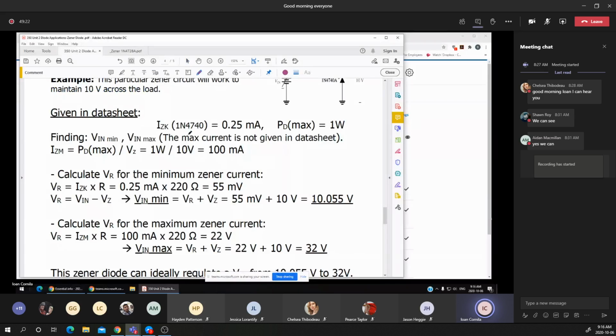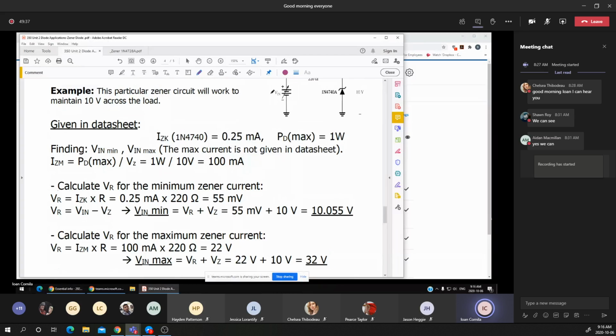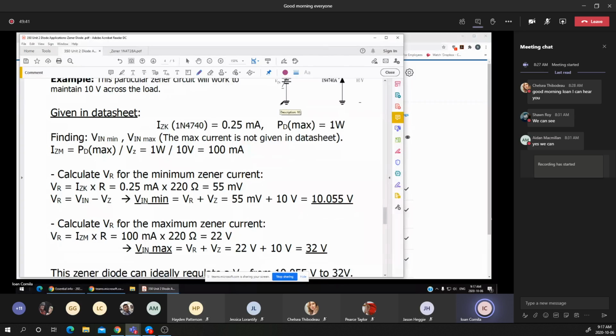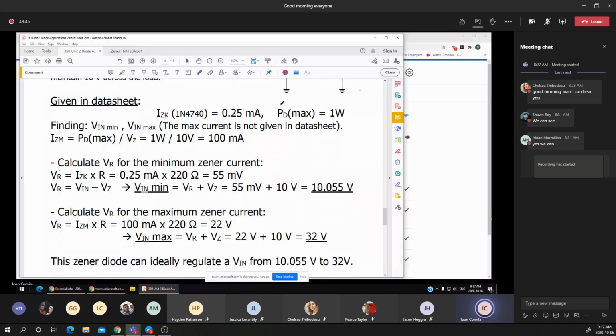I took the 4740, for example. I said that the IZK, for example, is 0.25 milliamps. The PD max is 1 watt. We are looking to find the V in min and the V in max, the two limits of the input voltage.